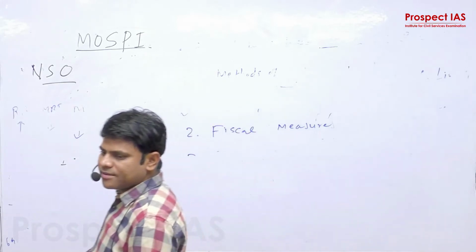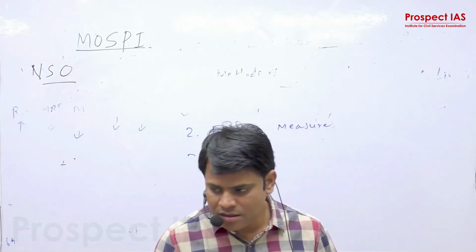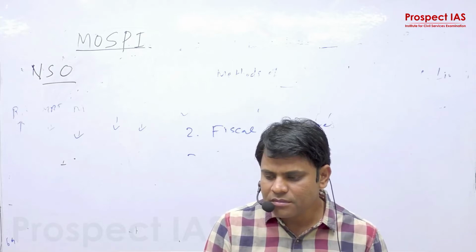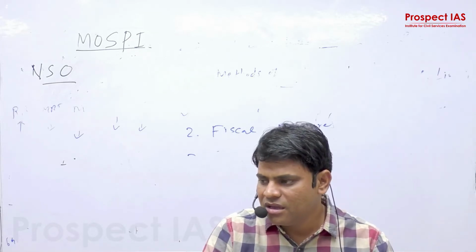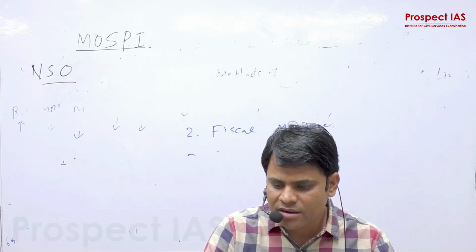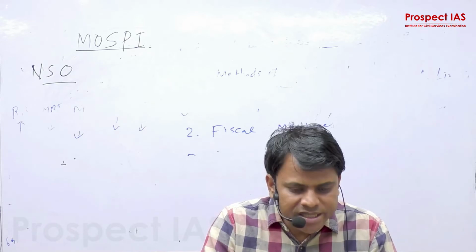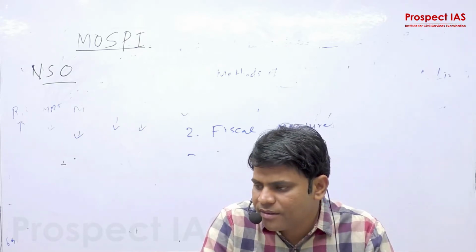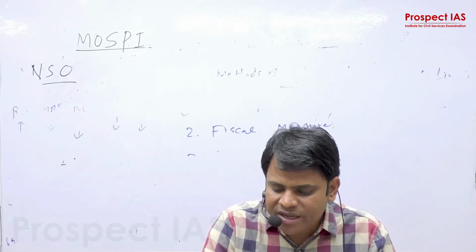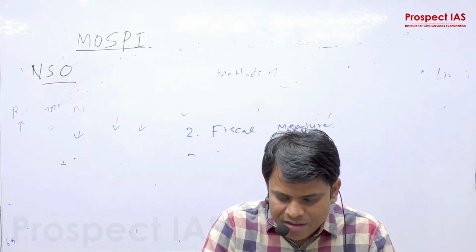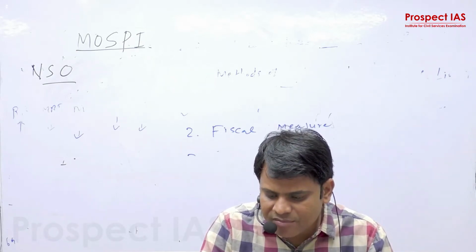Under fiscal measures, government changes its policy on public revenue and public expenditure.